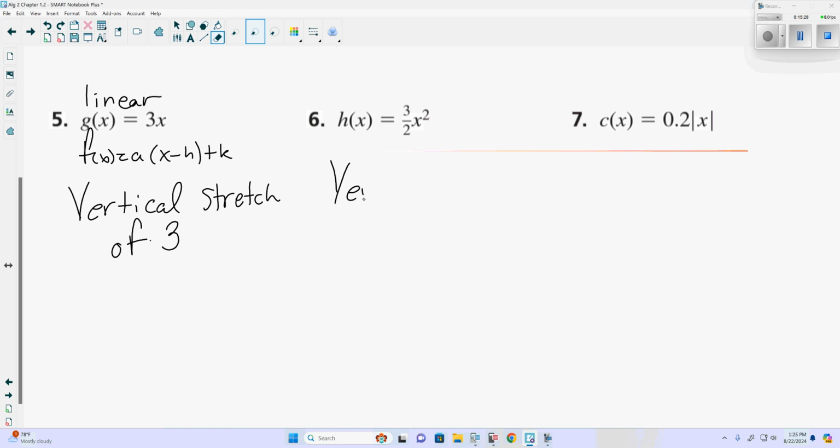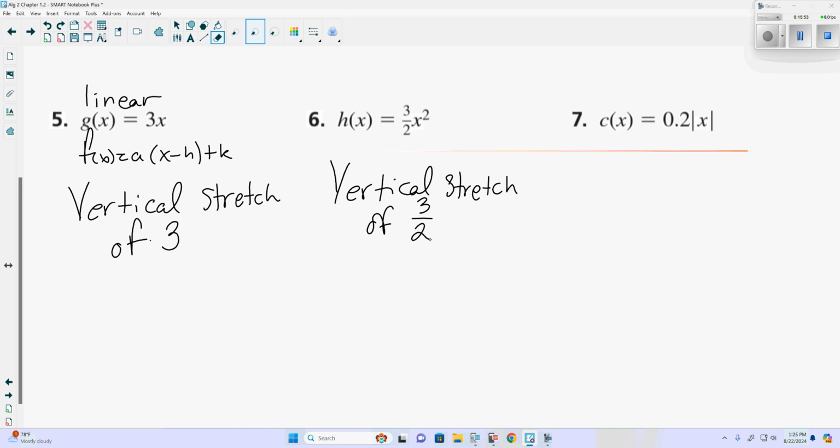Yes. This is a vertical stretch of 3 over 2. And again, I throw that in there just to make sure. I might do that every now and then. I will throw out an answer intentionally. If that's not right, call me out on it.